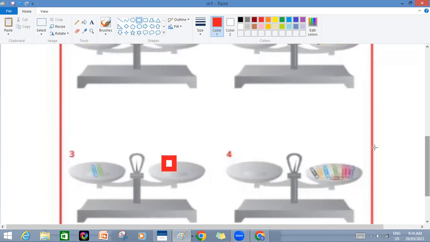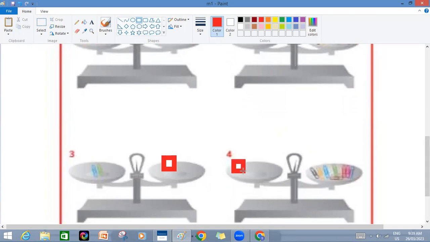Okay, moving on to scale number 4. So here is scale number 4. Let's count 1, 2, 3, 4, 5, 6, 7, 8, 9, 10. So here are 10 paper clips. So we are going to make, for each 2 paper clips, one block, because 2 paper clips equal 1 block.